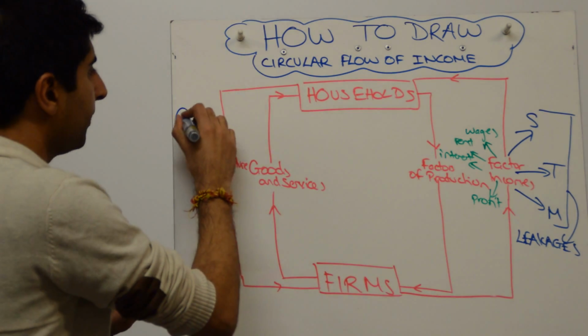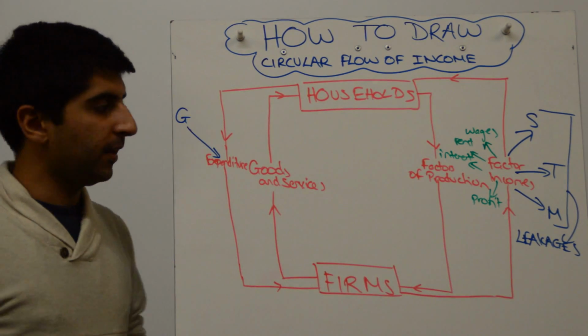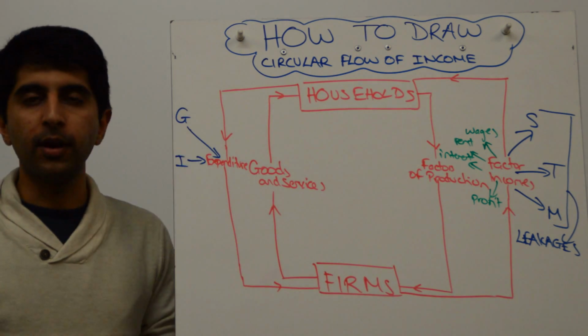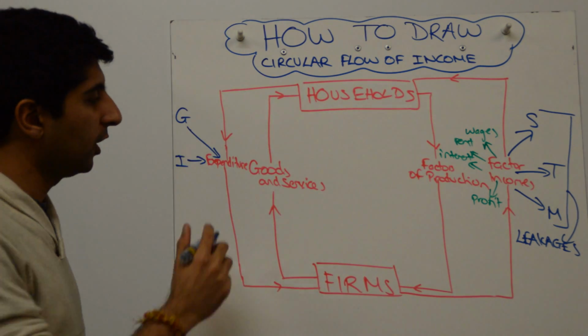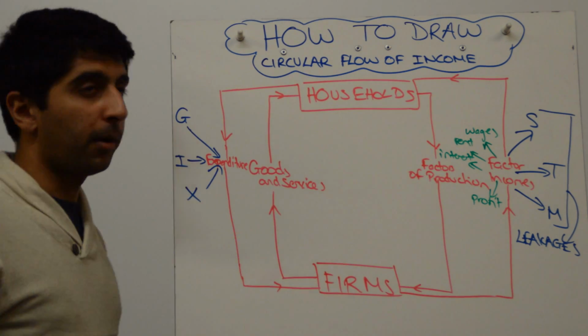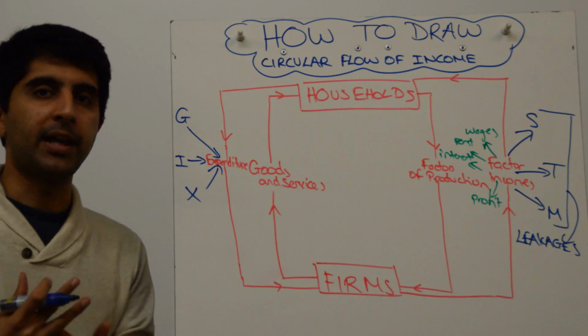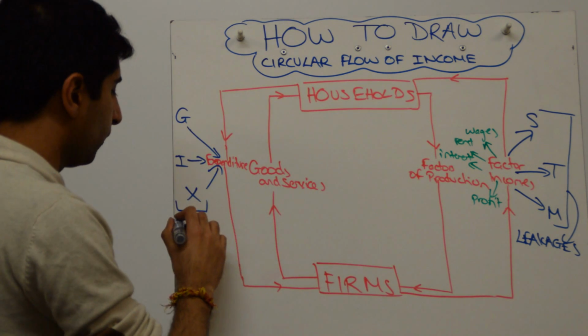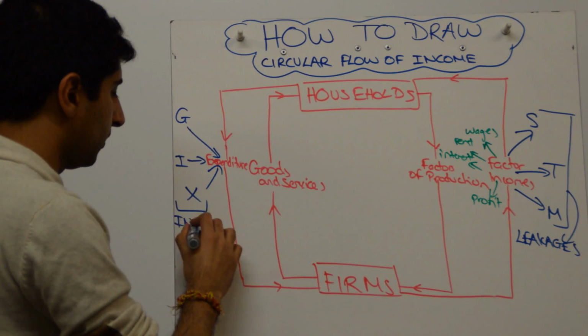Well, there might be government spending in the economy. There might be firms investing in the economy, right? So spending money on capital goods. There might be foreigners spending money on our goods and services, buying exports. That leads to money entering the circular flow. And these three things are all known as injections.